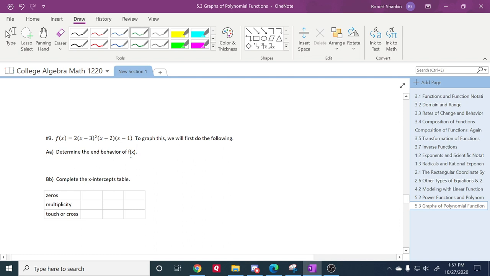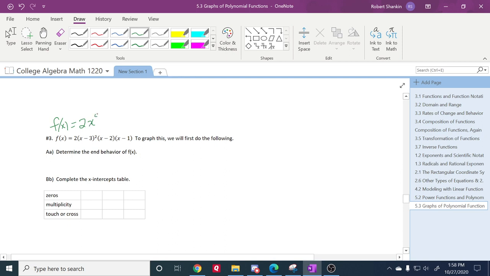We said that for the end behavior, both sides will go up. Both sides go up. And why is that? Because if you try and find the leading term, you can basically count the number of x's, and there's going to be 4.